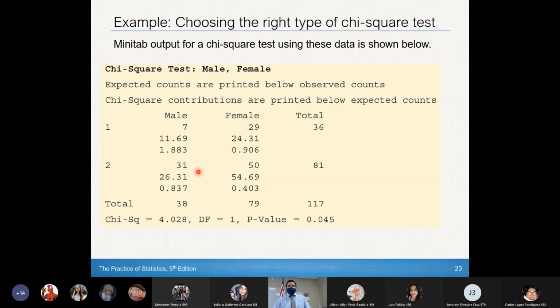We essentially have 4 entries in this table. Our chi-square is 4.028, degrees of freedom is 1, and the p-value ends up being 0.045. This is just all the data that we'll need for the problem.